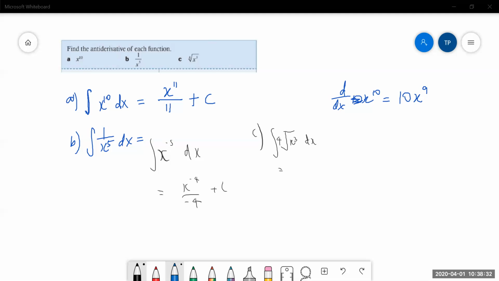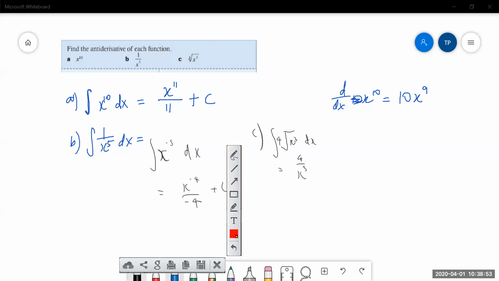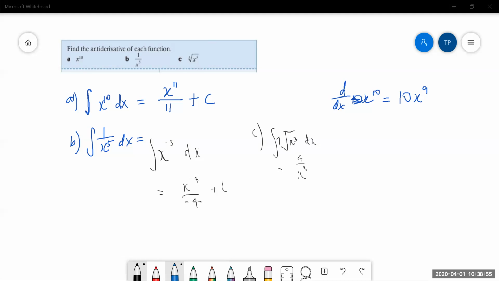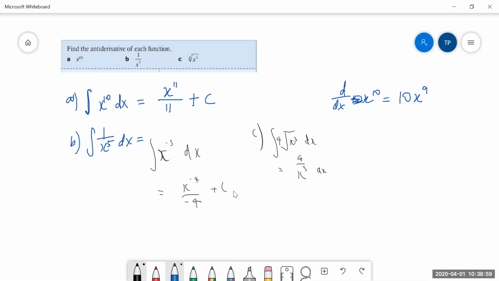Well, if you do x, it's x. How do you translate this?